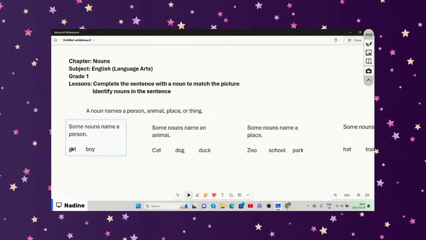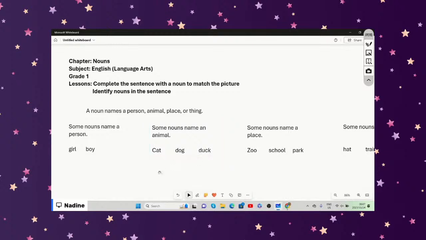So if we want to say something about the mom, we may say my mom, my mother, my father, or my dad, and we identify mother, father, dad, mom, girl or boy as a noun. But this is not the specific name of a person. It is a common, general noun.